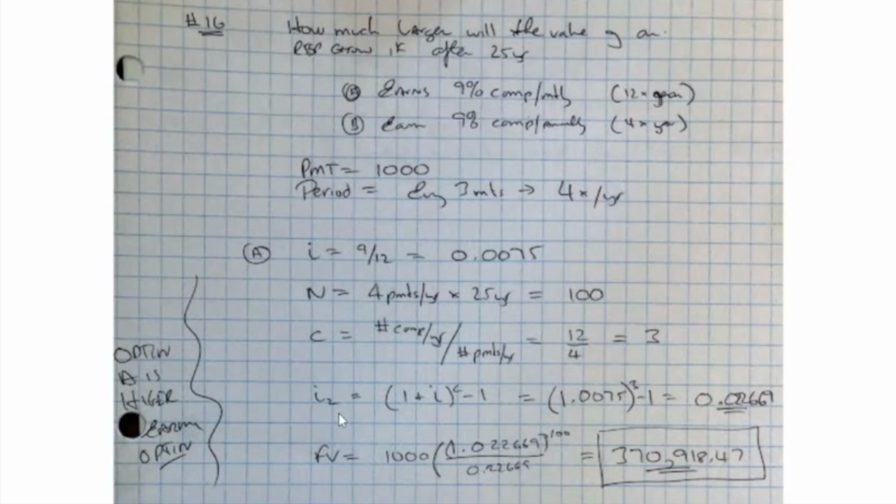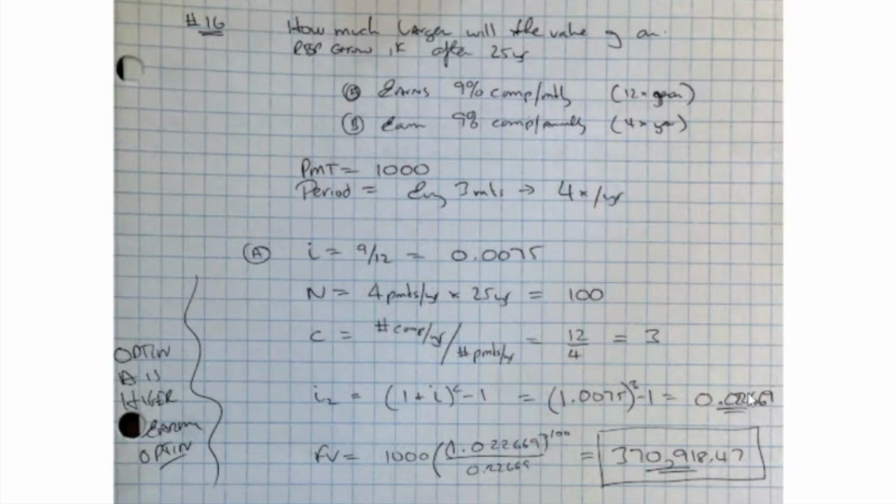We take 1 plus I, where I is 0.0075, to the power of C, which is 3, minus 1, and that's 0.02269. That's the calculation of I2.